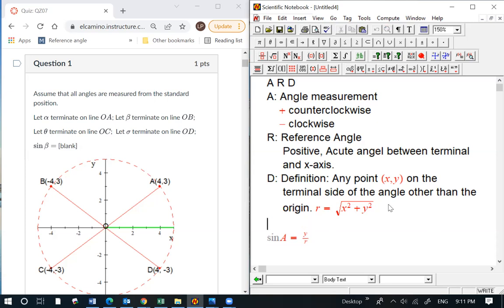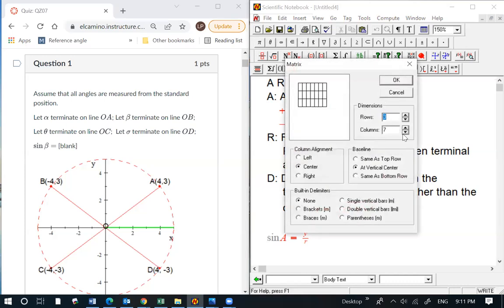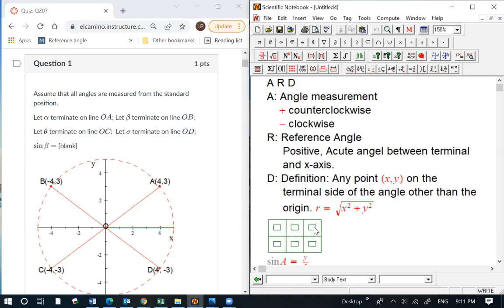I'm going to make a little table so that we can move around easily. We just have 6 functions, right? So sine is here.